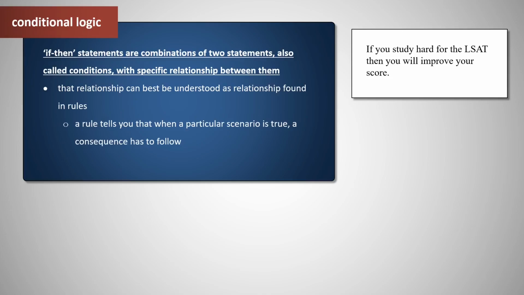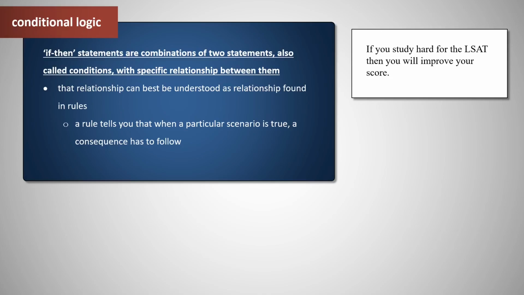So think of all the rules that you've ever encountered. If you drive over the speed limit, then you're going to get a ticket. If you don't set your alarm, then you're going to wake up late. All rules basically tell you that there's a situation, and if that situation is true, there's going to be a consequence.